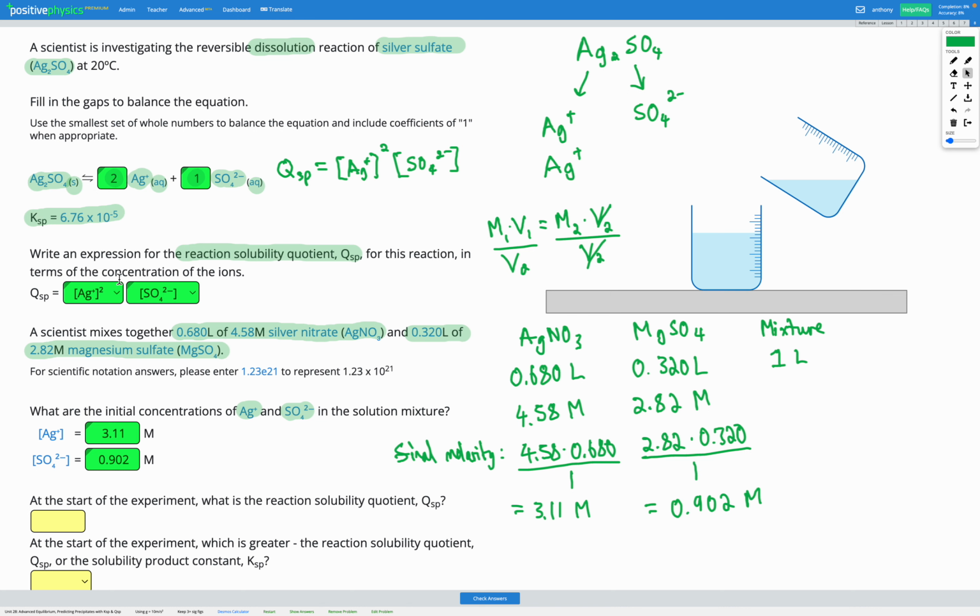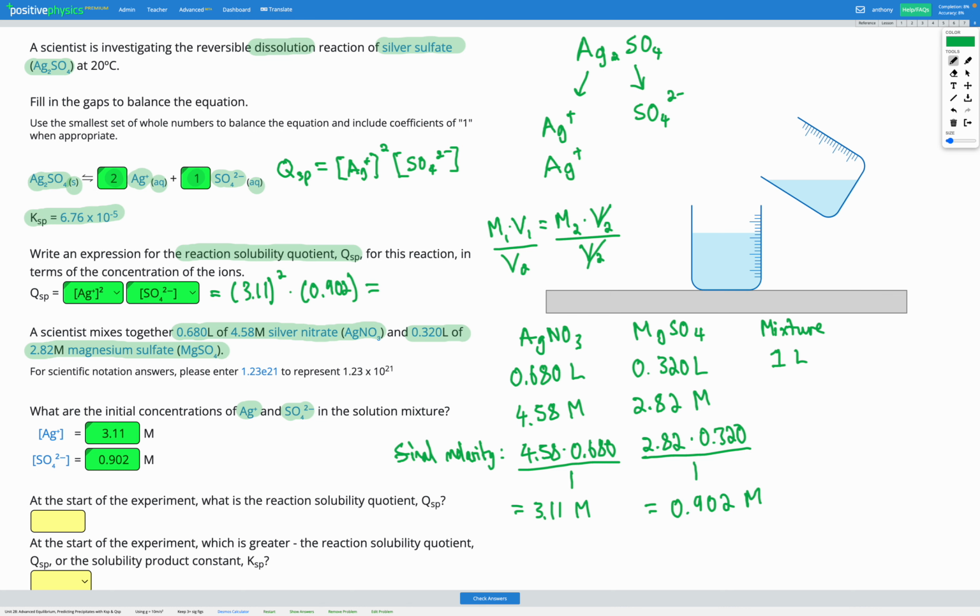We also know our expression for QSP. So we can go ahead and calculate QSP at the beginning of the experiment using those initial concentrations. So let's go ahead and put those numbers into our equation here. So for Ag plus, our concentration was 3.11, and that's squared, multiplied by, for sulfate, 0.902.